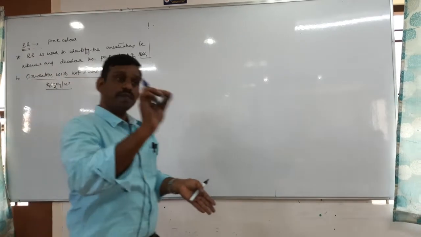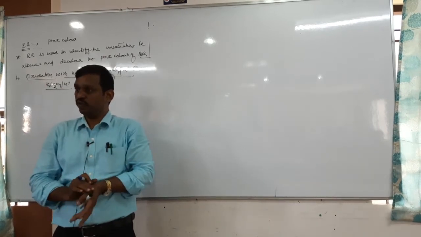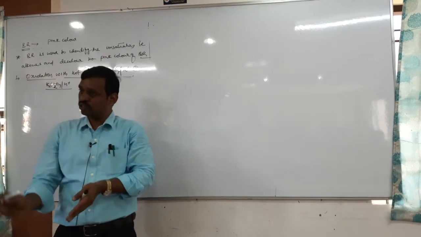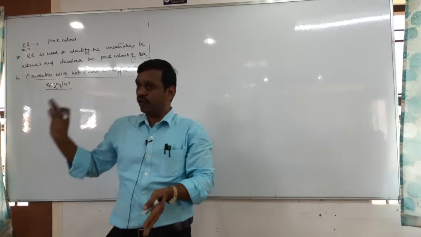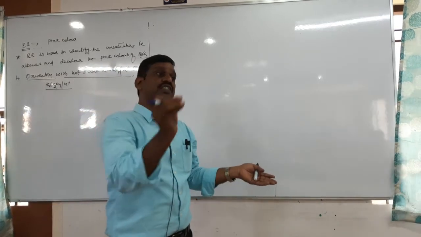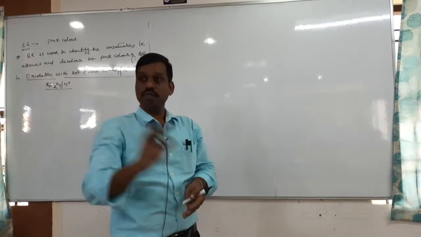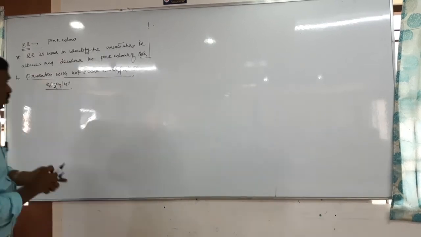It may form carboxylic acid or it may form ketones. Therefore, alkenes undergo oxidation in presence of any one of these two reagents. It forms either carboxylic acid. If carboxylic acid is not possible, it forms ketones, but not aldehyde. Carboxylic acids or ketones.